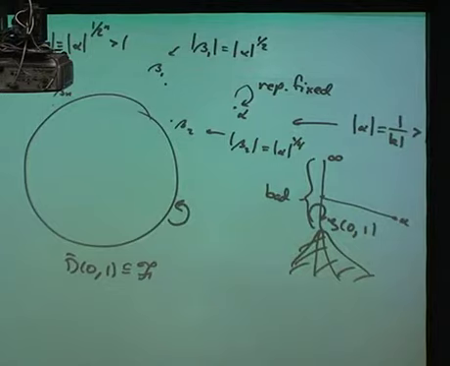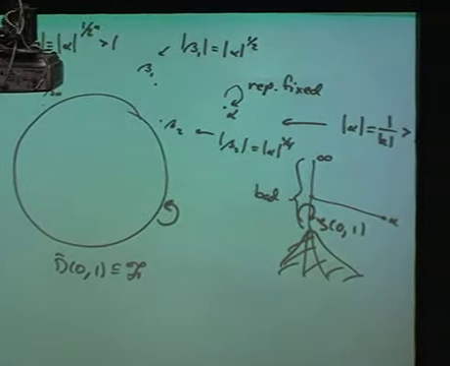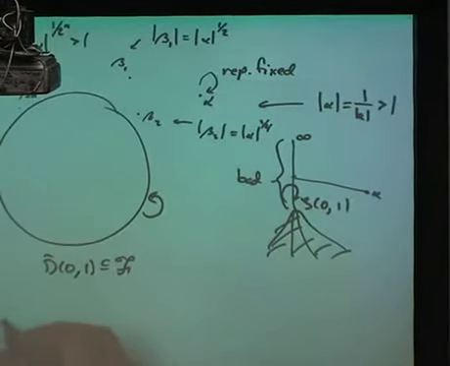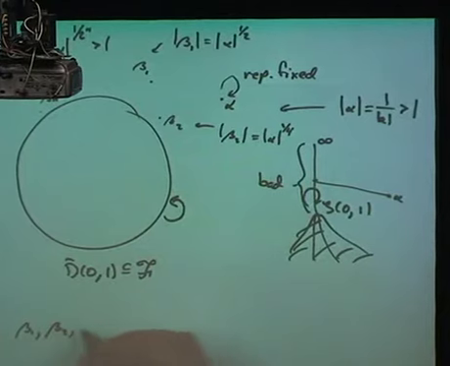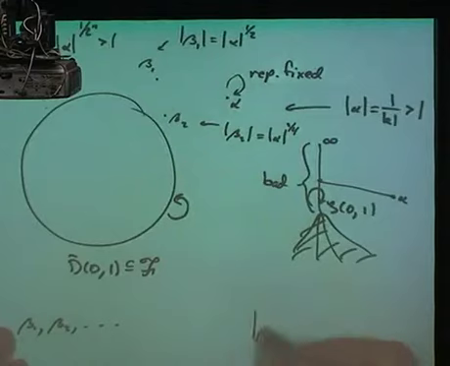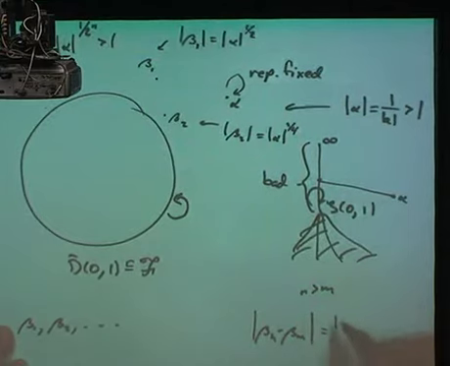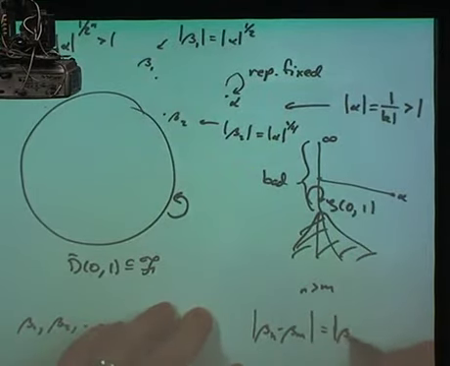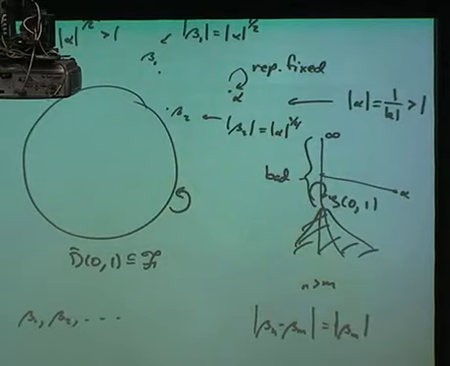And if you notice, this sequence of betas is a non-Cauchy sequence because they all have different absolute values that are bigger than 1. So if you look at the absolute value of beta n minus beta m, let's say where n is bigger than m here, that's just dead on equal to the absolute value of beta m, because they have different absolute values.